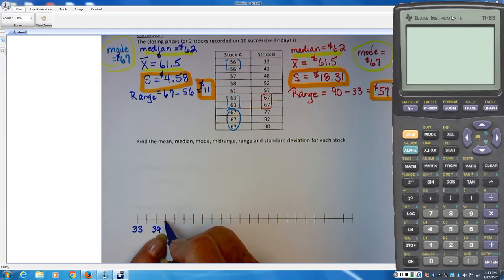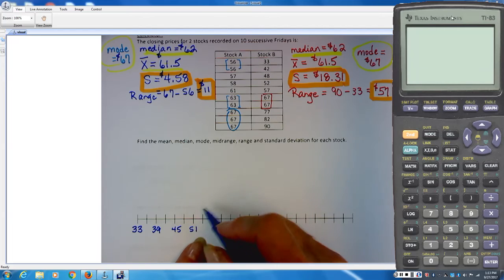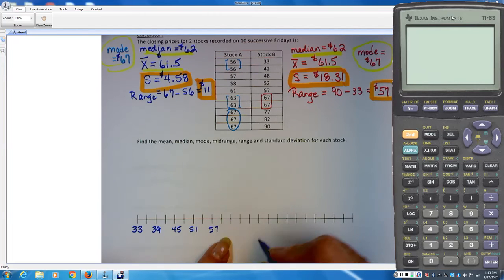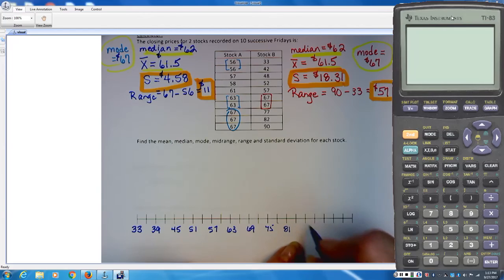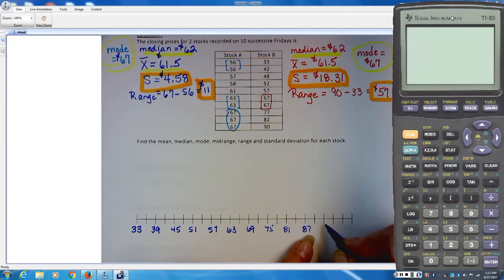And then 39 plus 3 is 42, so this would be 45, 48, 51, 54, 57, 60, 63, 66, 69, 72, 75, 78, 81, 84, 87, 90, 93.